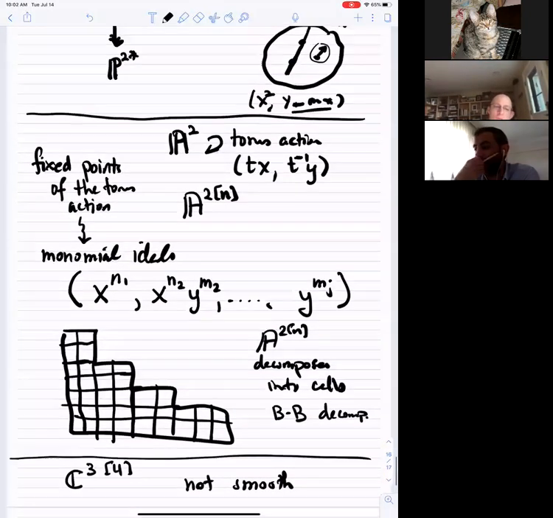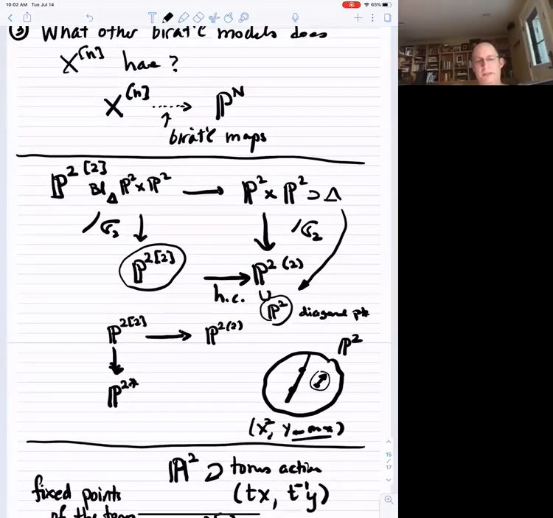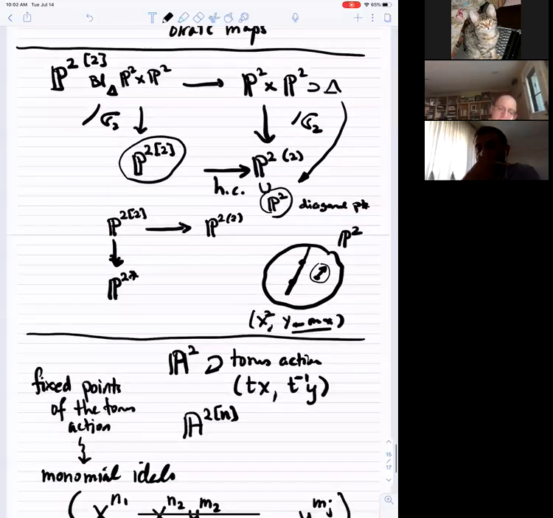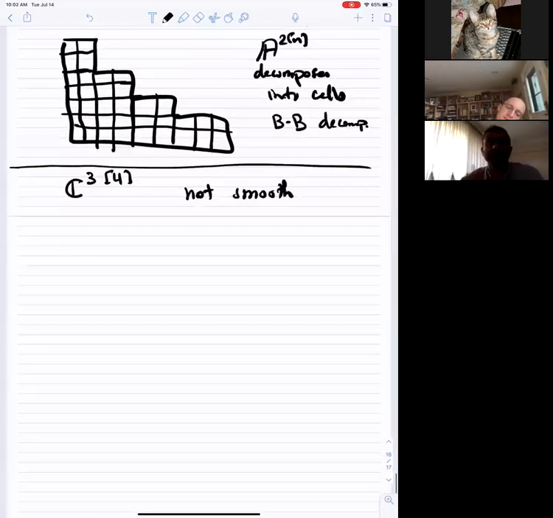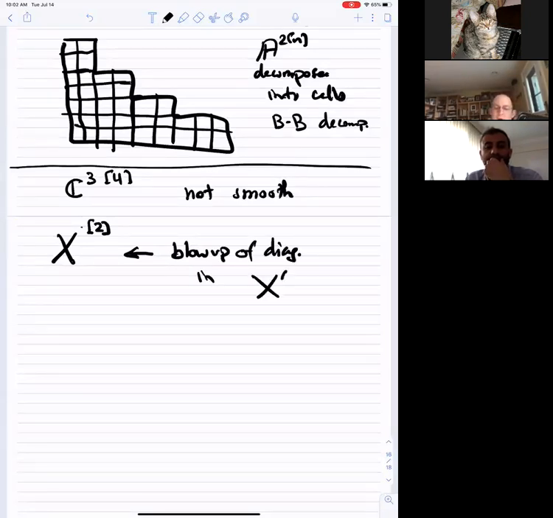For 2 points, I did this diagram just for P2, but you could replace it with any X, of any dimension. Then you can view this as the blow up of the diagonal in the symmetric product. So it is a resolution of singularities in that case, and it's smooth.